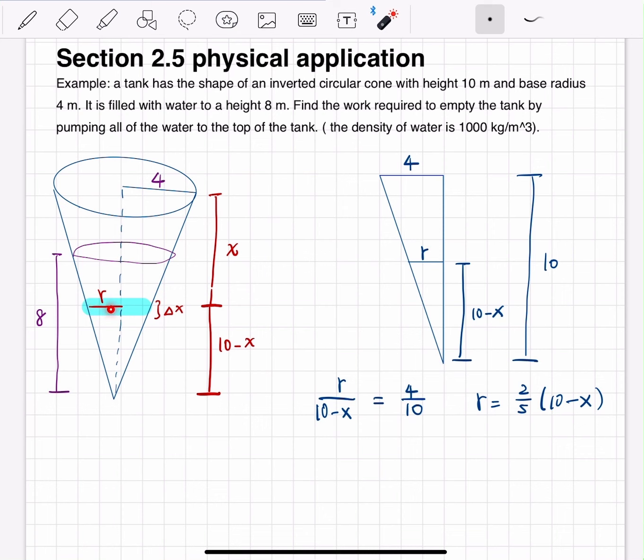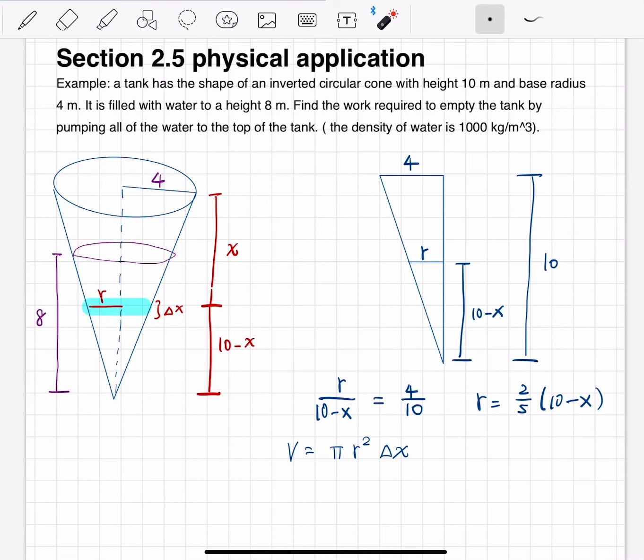Once we know r in terms of x, we also know this slice is filled with water, so we will have a volume. The volume for this slice is going to be pi r squared multiplied by the height, which is the base area multiplied by the height.